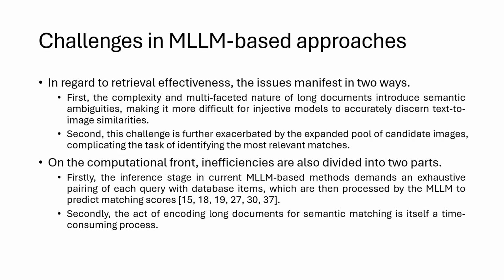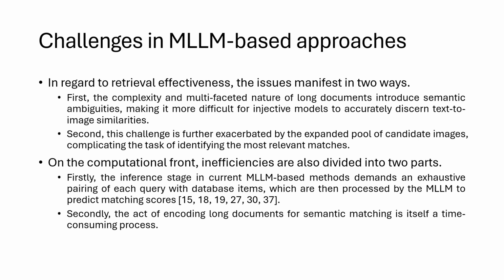Challenges in MLLM-based approaches. In regard to retrieval effectiveness, the issue manifests in two ways. First, the complexity and multifaceted nature of long documents introduce semantic ambiguities. Second, this challenge is further exacerbated by the expanded pool of candidate images.